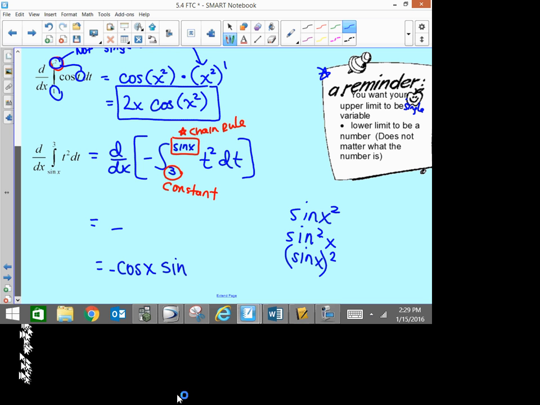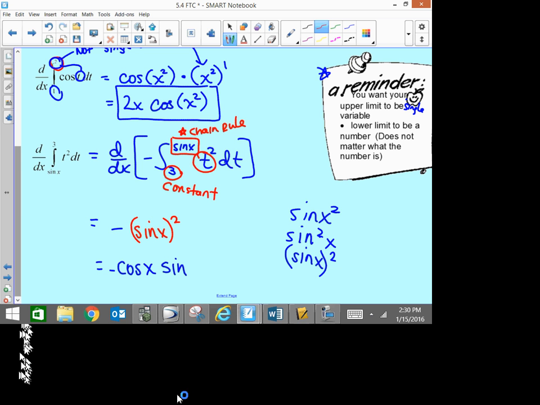Well, either of the second or the third. The second is the same as the third, okay? But when you're not squaring the x, you're squaring the t. So this goes into here, right? So then that becomes sine x squared.